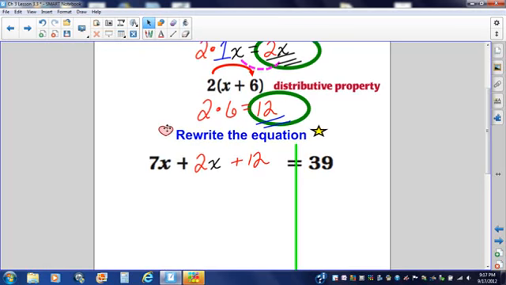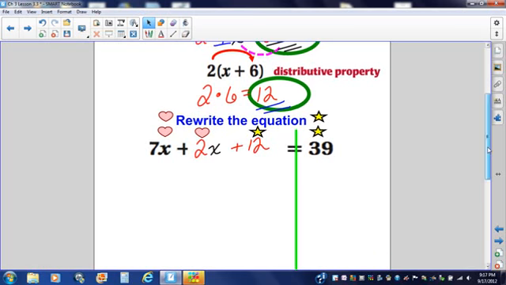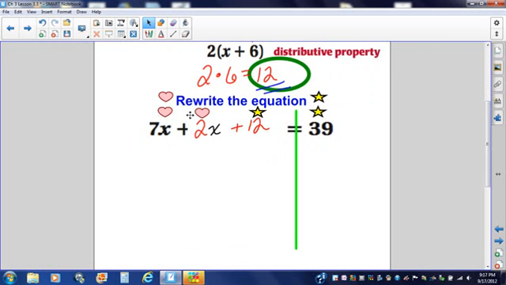Now I am going to do hearts and stars. Whenever you're doing hearts and stars, you have a choice. You can combine the hearts first, or you can combine the stars first. It doesn't matter. I am going to put my hearts together first.